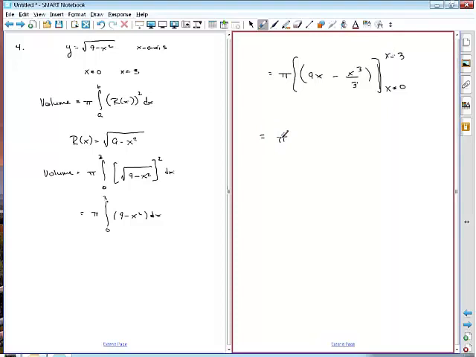So the upper limit is 3, so we take 9 times 3. We subtract 3 cubed divided by 3. So that's the upper limit. And we subtract the lower limit, which is going to be 0 minus 0, because we have zeros in those polynomials.